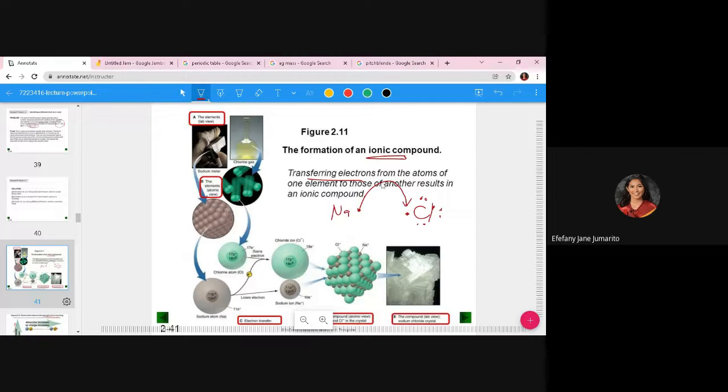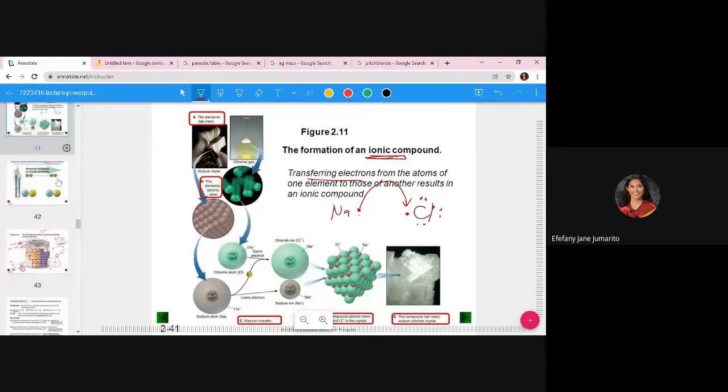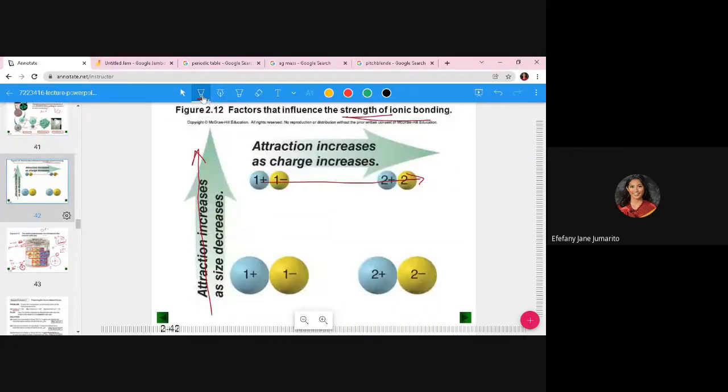So Cl takes the electrons from your Na because it is stronger than your sodium. If it involves transfer of electrons, then the compound formed is ionic. Now, if it's only sharing, then it's a covalent compound. Covalent compounds are your organic compounds. Their attraction only involves sharing.